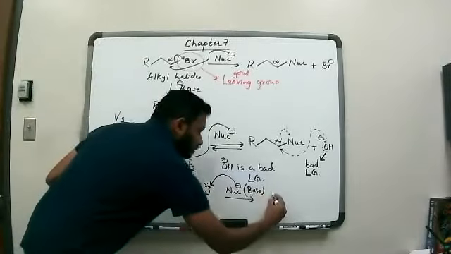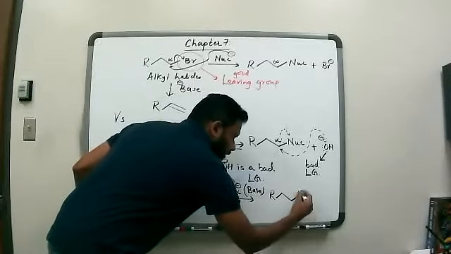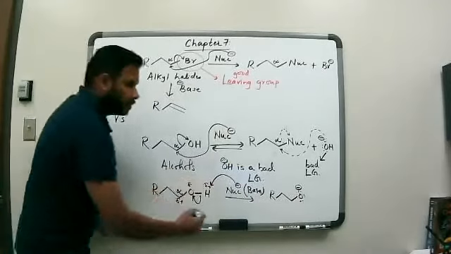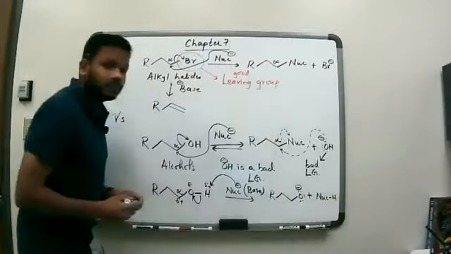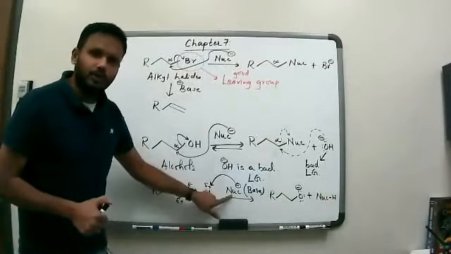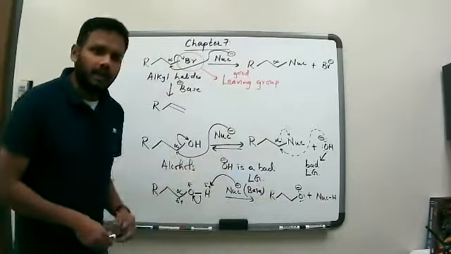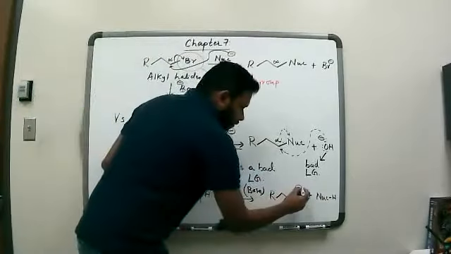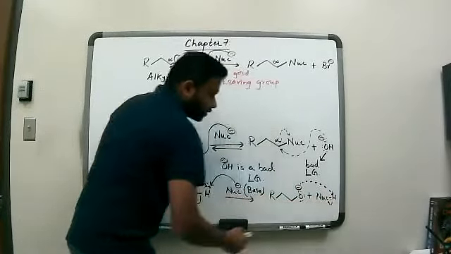So what we'll get at the end is an alkoxide plus the conjugate acid of this nucleophile, because the nucleophile is acting as a base. And then again, the alkoxide can go deprotonate and the electrons go back to that.